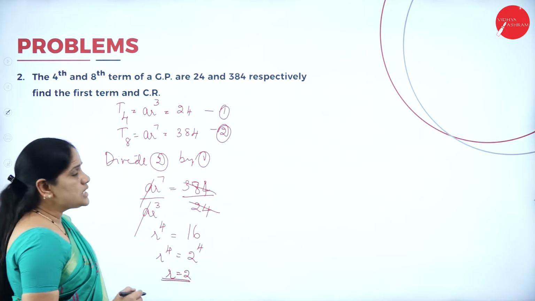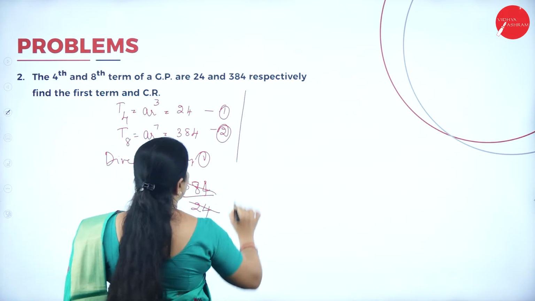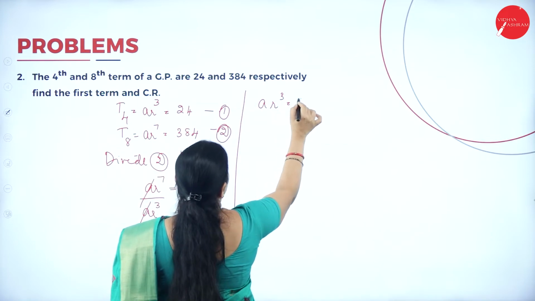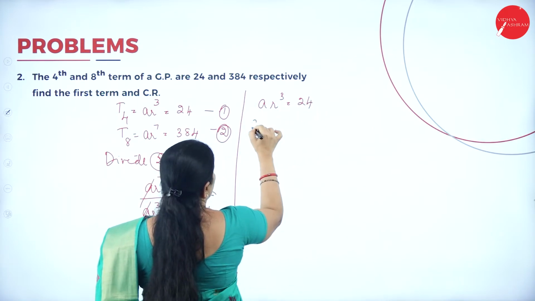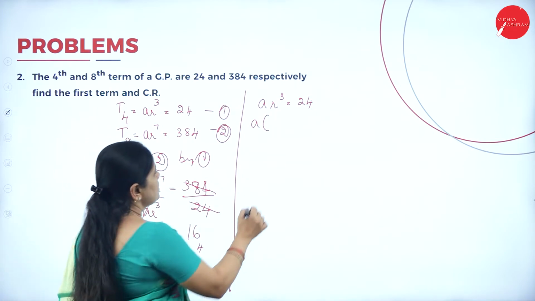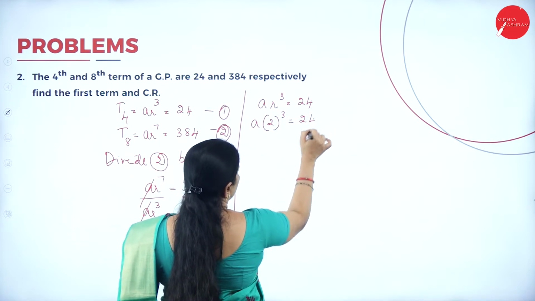So R equals 2. Now we have to find A here. So I will write it here. AR cube equals 24. Now I don't know A, but I know R. R equals 2. So A into 2 cube equals 24.